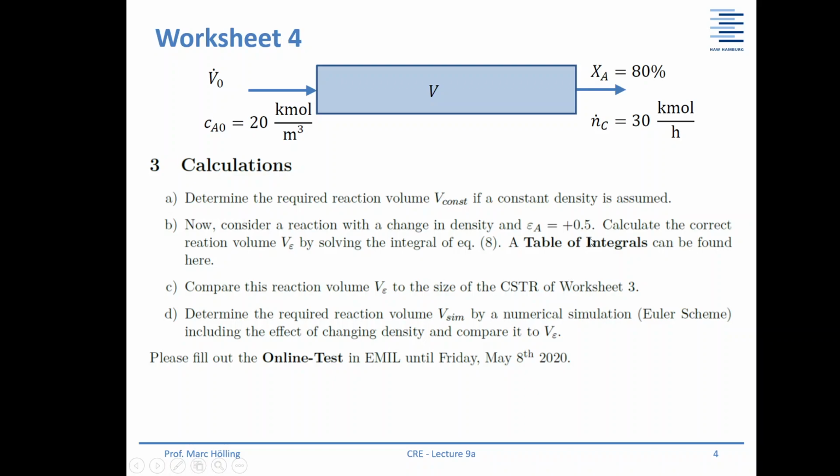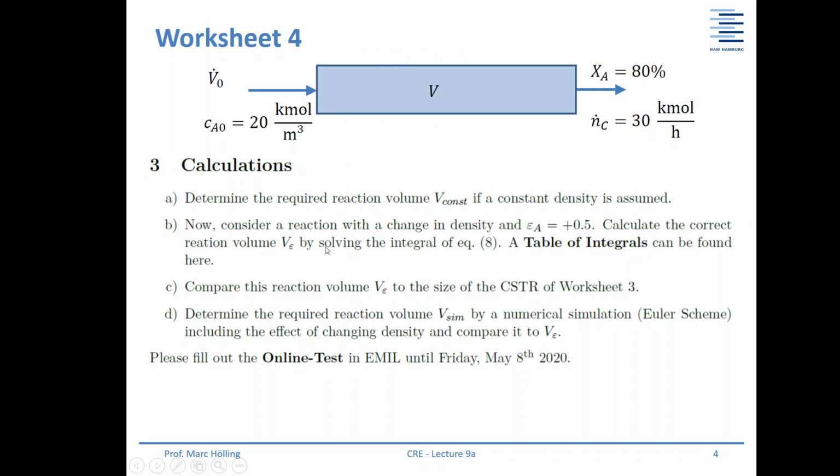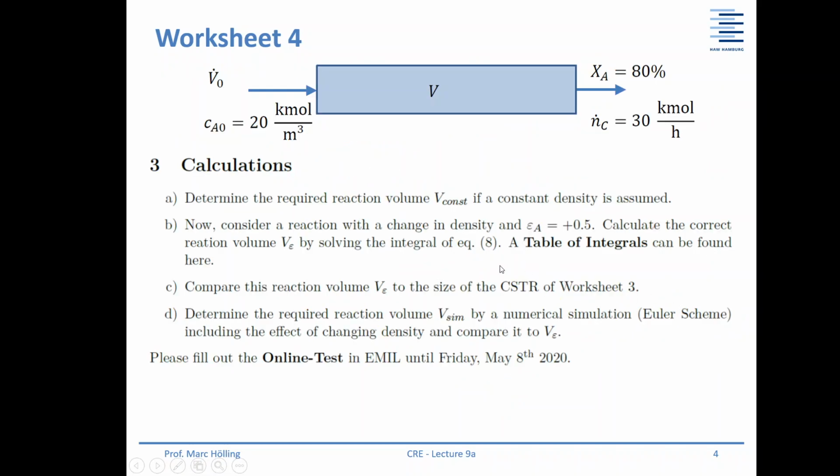Then we say, okay, it's changing, and you have this value for epsilon, the fractional change in density, of 0.5. Then you should calculate the correct volume by solving the integral. So you have to insert your concentration A, rewrite it in terms of the conversion, and then you will hopefully get a result.